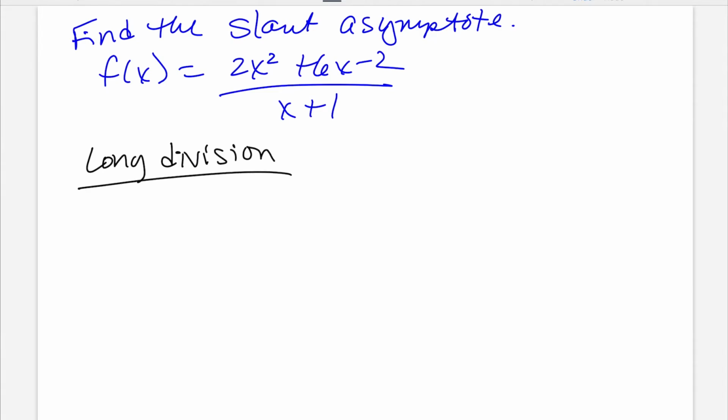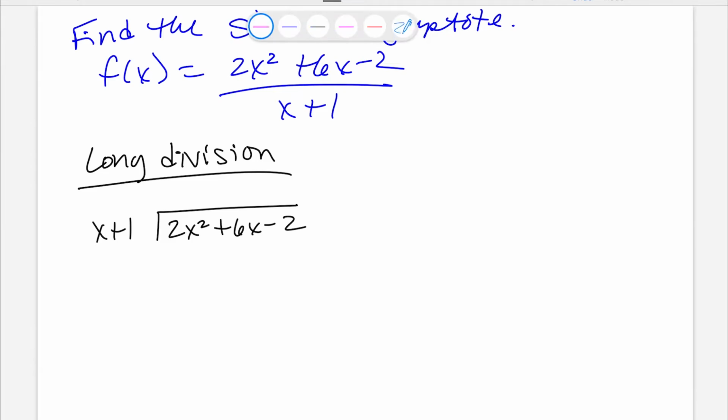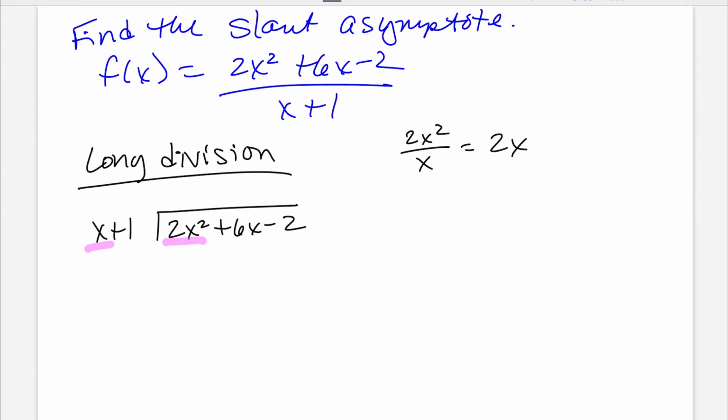If we have long division, I have x plus 1 on the outside, 2x squared plus 6x minus 2 on the inside. Remember, with long division, you always take that first term and then you do that division. Like you literally just divide those. So 2x squared divided by x is going to be a 2x, right?